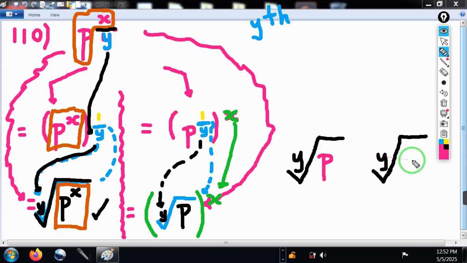White root of P. This is also white root of P. And then now we can come up with what? The X, the upstairs. The upstairs we will represent it with a what? Green. The green grass of home. X. No brackets required.